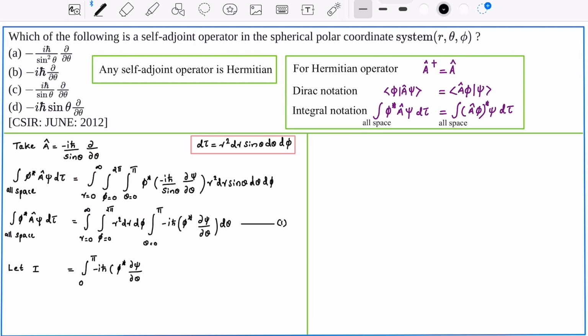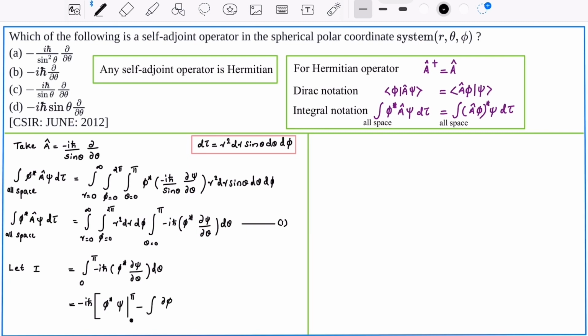Take it as I. Now, this is equal to minus i h bar within bracket, after integration, you will get phi star psi, the limit of integration being from 0 to pi, then minus integral from 0 to pi dou phi star by dou theta, then psi, then d theta from 0 to pi. Let us close the bracket.